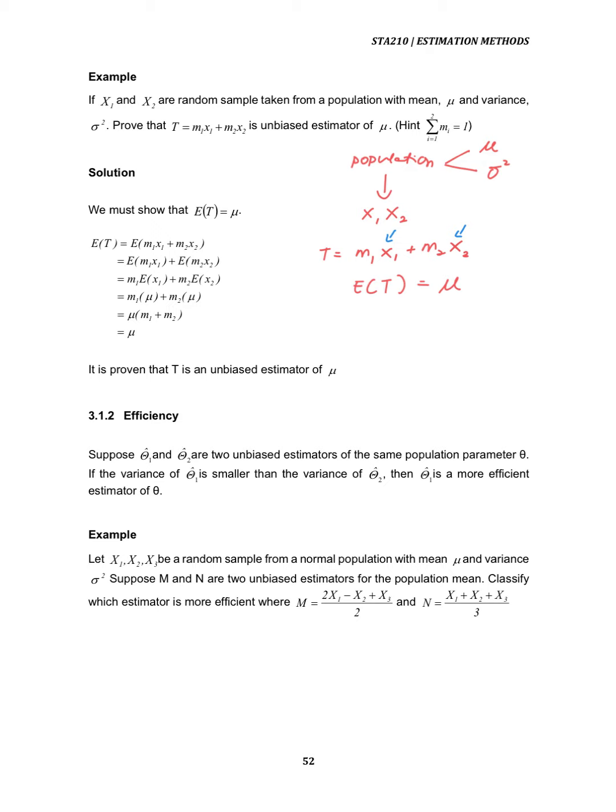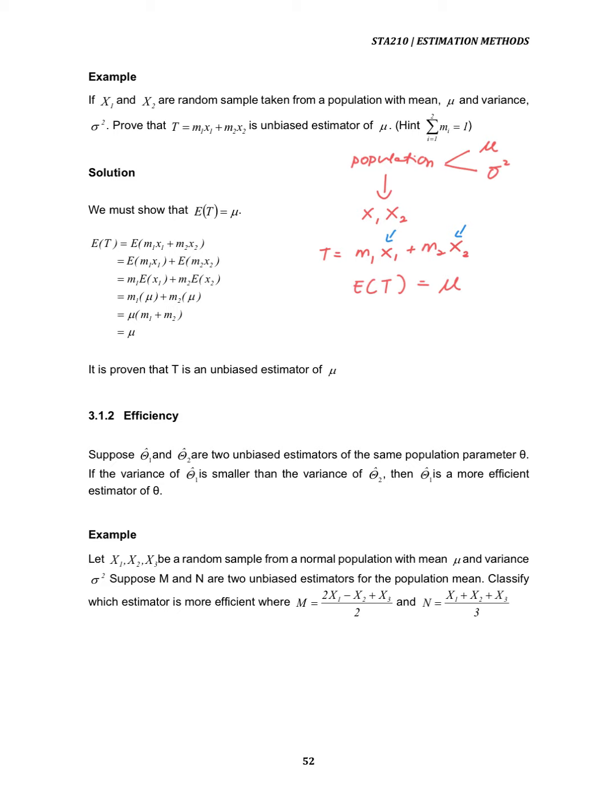Okay, let's take a look into the example. Let x1, x2, x3 random sample from a normal population with mean mu and variance sigma square. Suppose M and N are two unbiased estimator from the population. Okay, classify which estimator is more efficient.